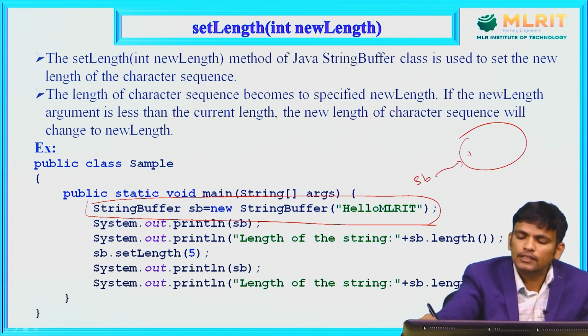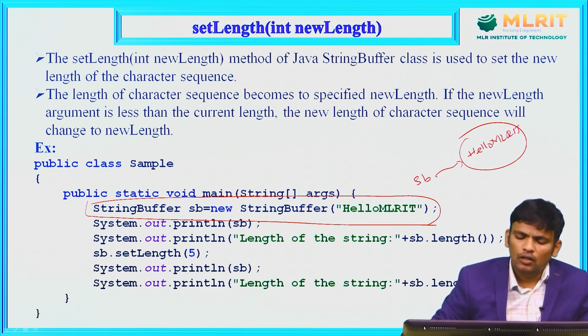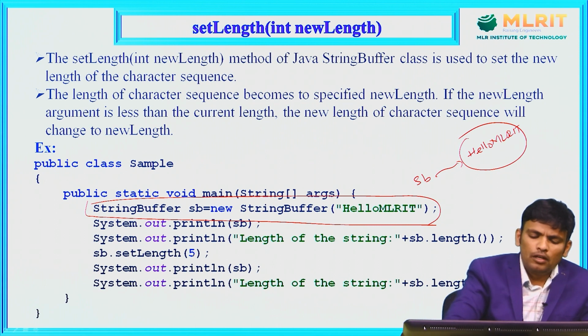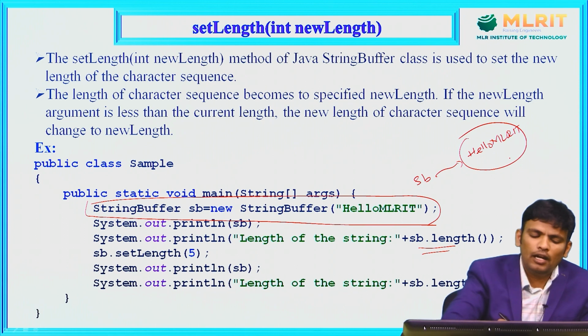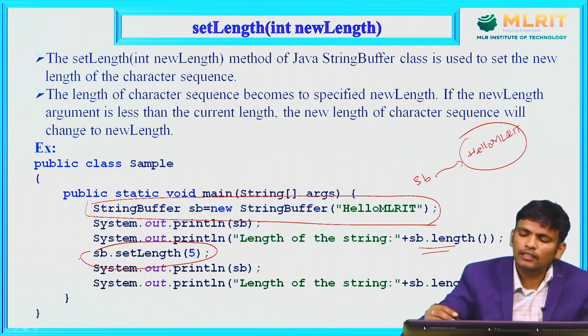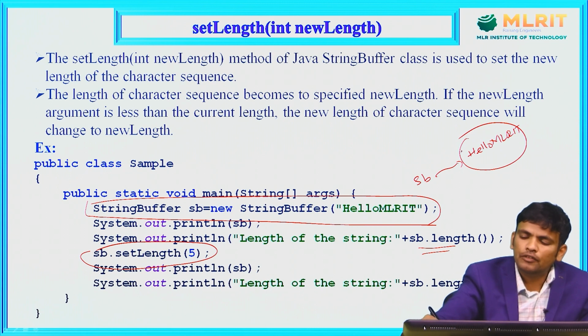Now it contains some content, Hello MLR IT. Here you are printing the length of the string, so it will return some length, and here you are setting the length to 5. The 5 you are setting means it will take the first 5 characters, that is HELLO.